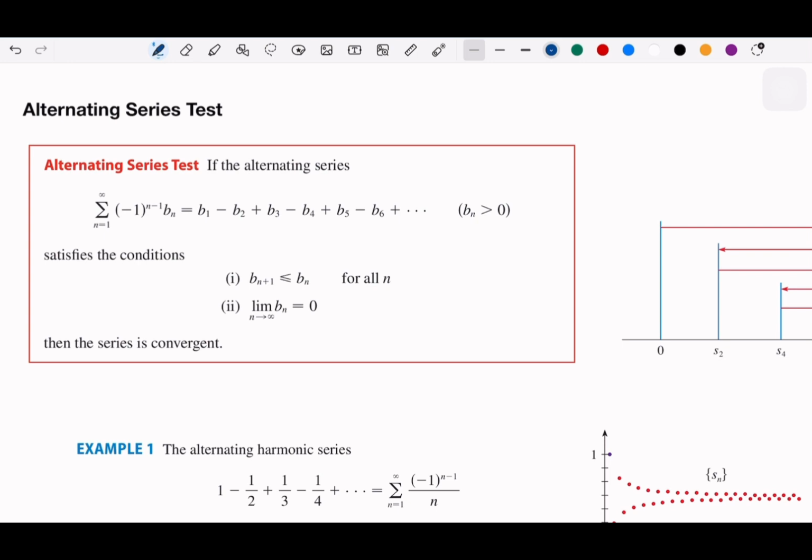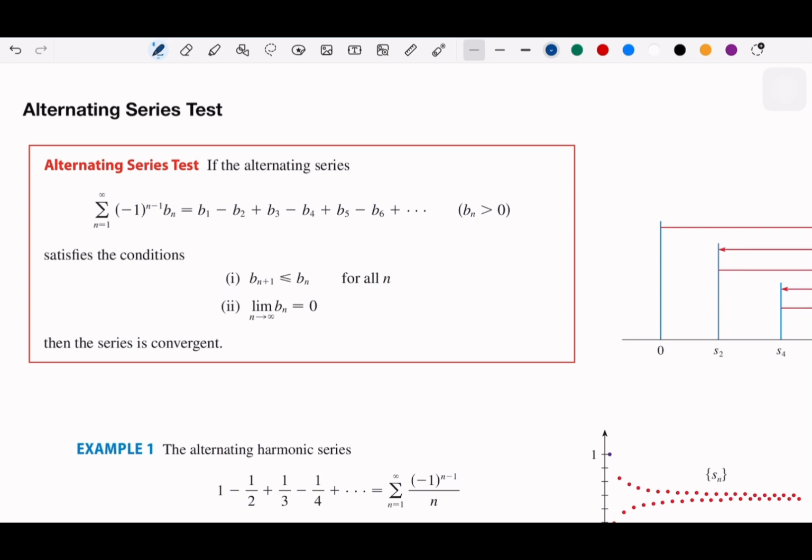Since we start from b1, b2, b3, first is b1 minus b2 plus b3, and we have this requirement: the next term should be less. If we ignore the signs, the values b1, b2 are going down.